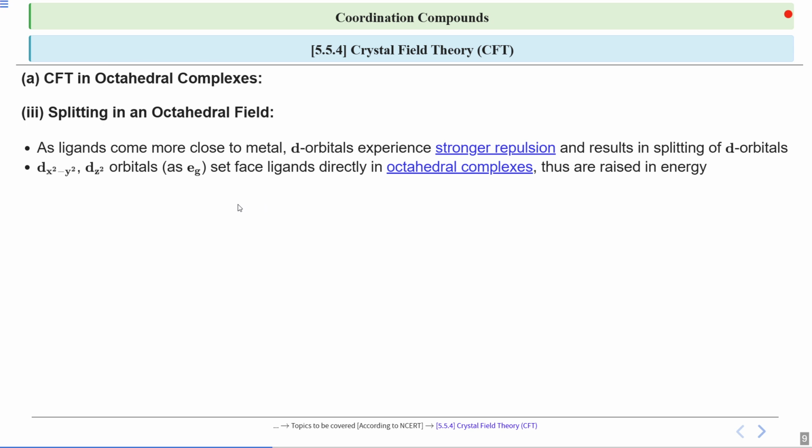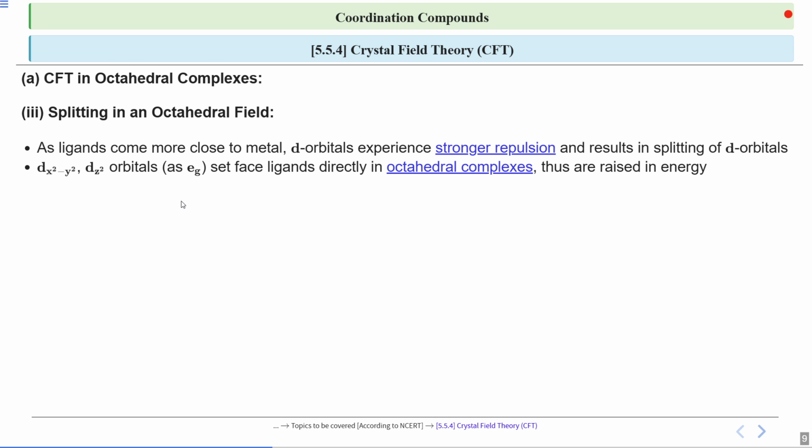We have 5d orbitals with degeneracy maintained, but when the ligands come closer to the metal, the repulsion between the d orbital electrons and the ligand electrons increases, and the strong repulsion results in the splitting of the d orbitals into two non-degenerate sets.